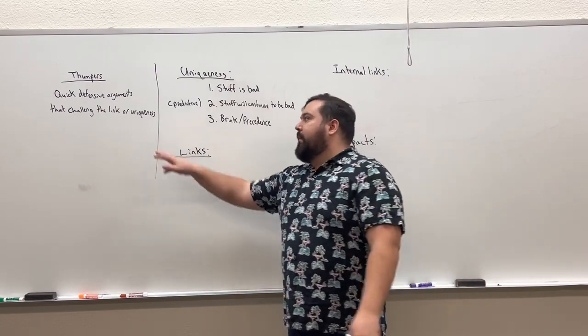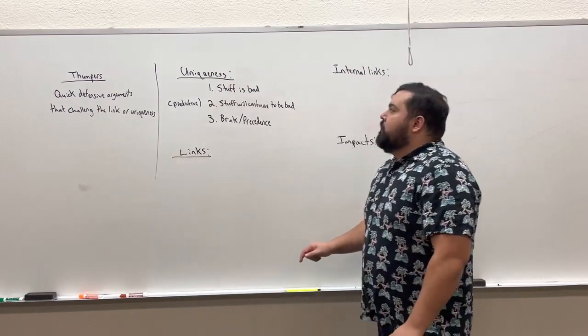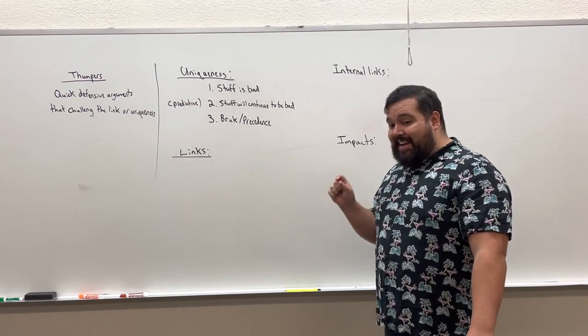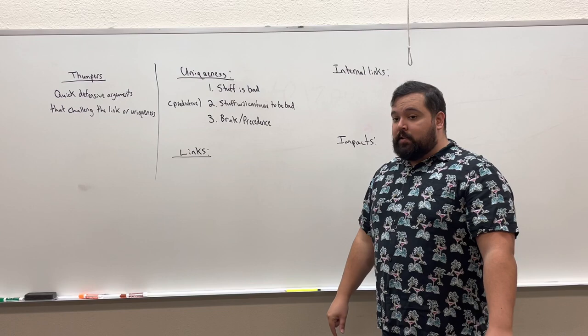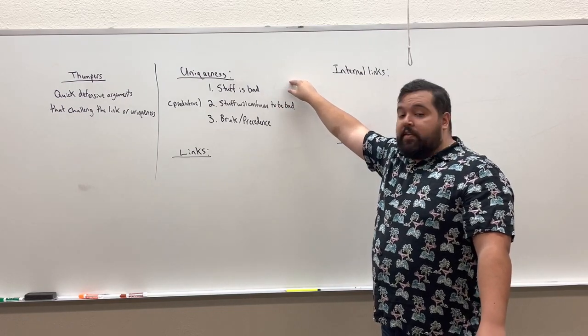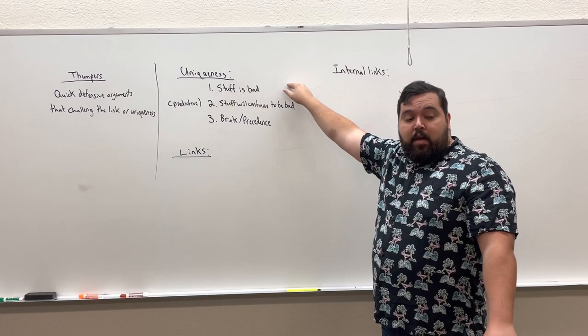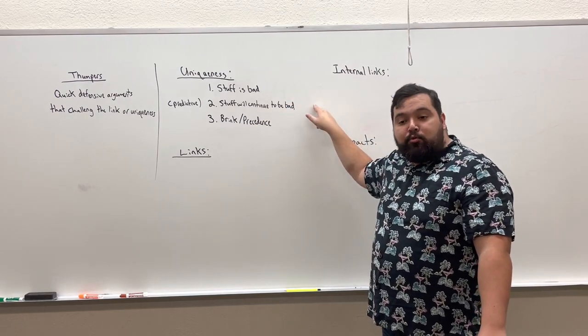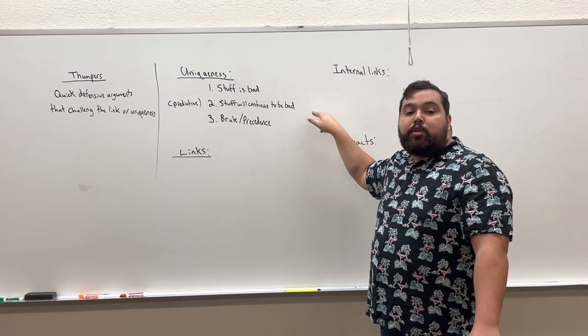Disad's inevitable. That's what thumpers look like. So thumpers, from 99% of teams in my experience, are all stuff is good or stuff is bad. And almost never stuff will continue to be good or continue to be bad.